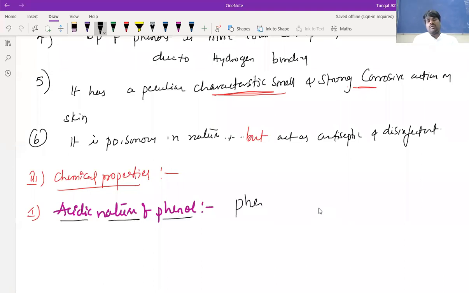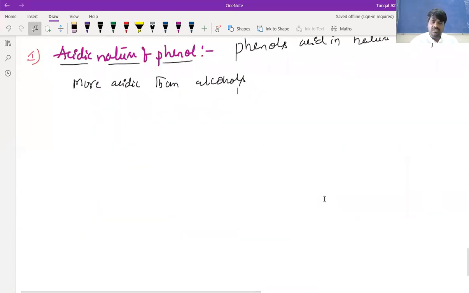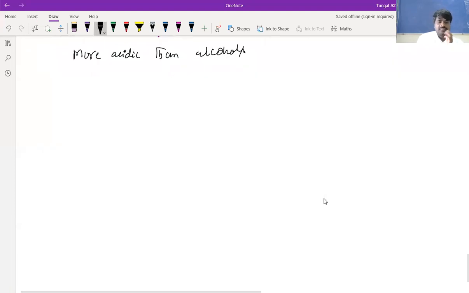Phenols are acidic in nature, and they are more acidic than alcohols. What is the reason for this? First of all, let us see why they are acidic in nature.